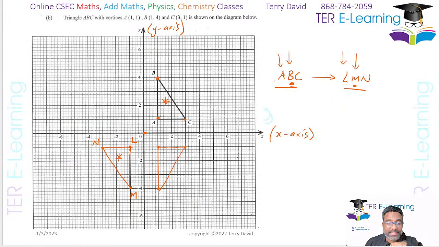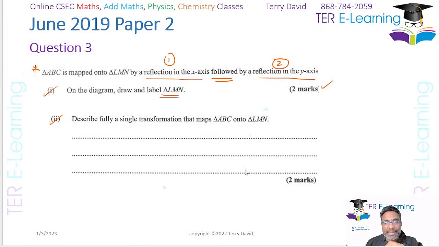I don't know if you all saw that, but the triangle is actually rotating about the origin, right? So that's why A is mapped onto L, B is mapped onto M, and C is mapped onto N. So the whole triangle is rotating about the origin. So when they tell you here to describe fully, be careful when you see these words there, fully a transformation that maps ABC onto LMN, right? So we need to be careful with that.